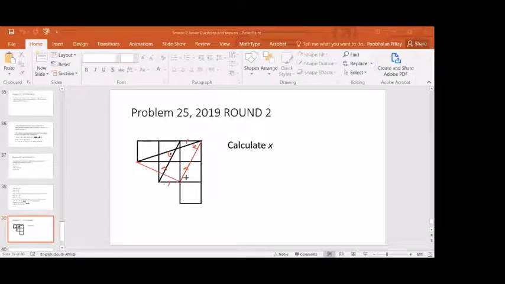Okay, now it turns out that this line and this line are actually equal. And more than that, the angle between them is the right angle.